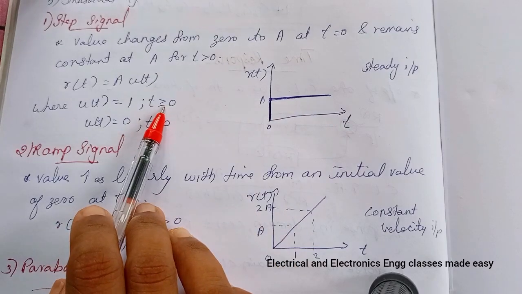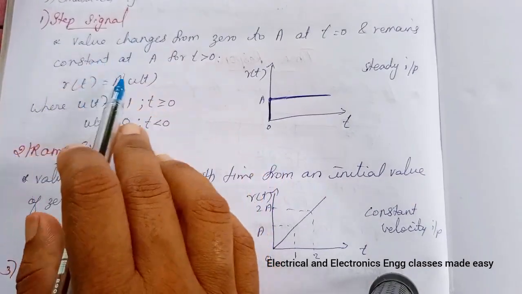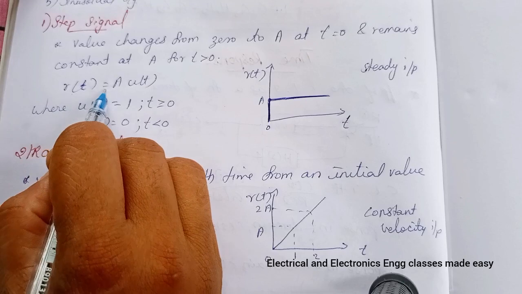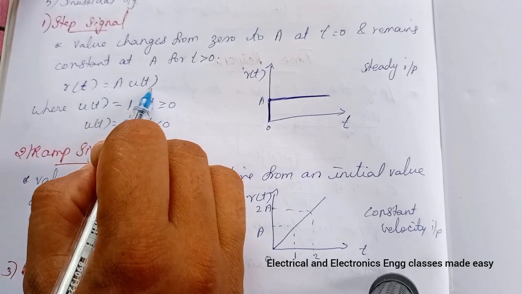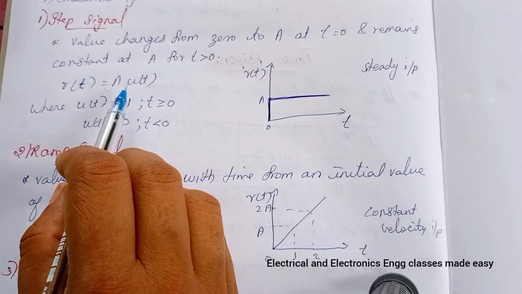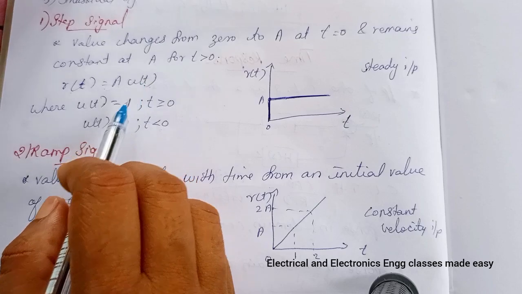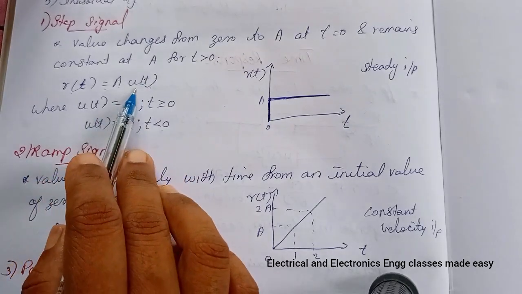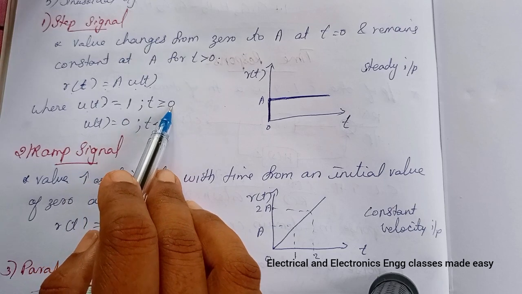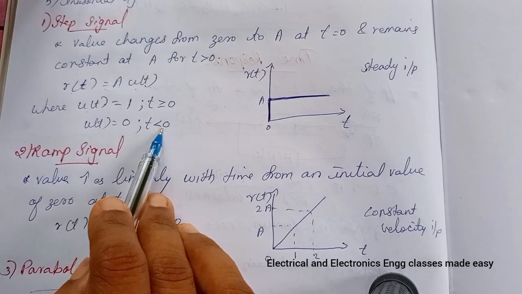The step signal is given by r of t is equal to A into u of t. So A into u of t is the step signal and u of t is the unit step signal, and its value is u of t equal to 1 for t greater than or equal to 0 and u of t equal to 0 for t less than 0.